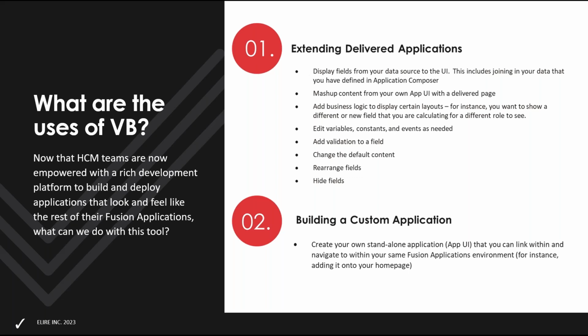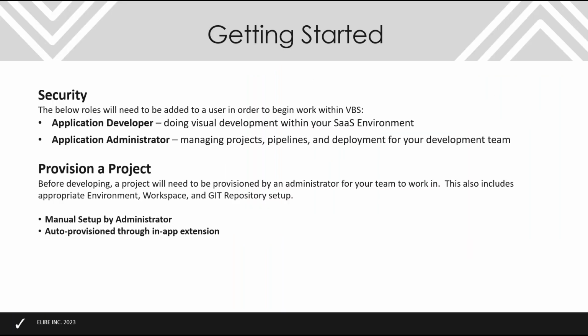And then another really exciting use of Visual Builder Studio within HCM is actually creating custom applications. We are going to go over both of those uses, with some slides on what they would look like within your cloud application.